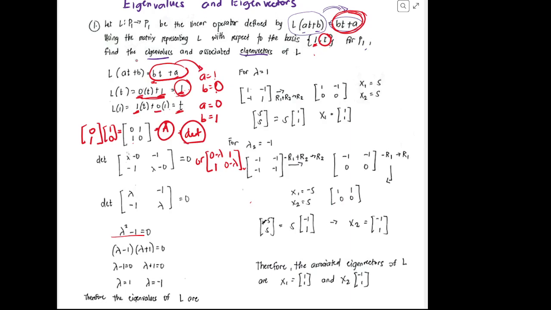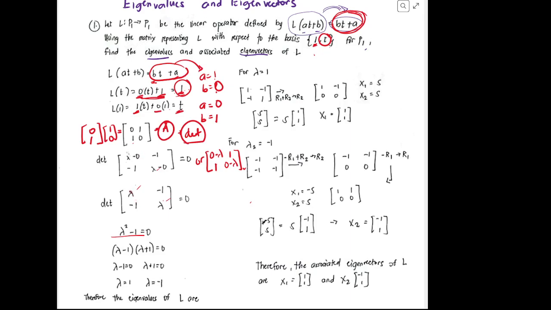Now, solving the determinant: lambda minus 0 is lambda, and again lambda minus 0 is lambda. Cross multiply, lambda times lambda. Sometimes I call it y because it looks like a y, and if I call it lambda, it will be too long to write.